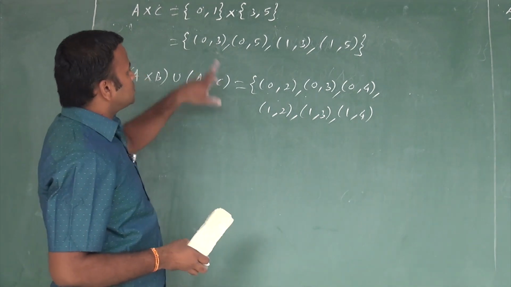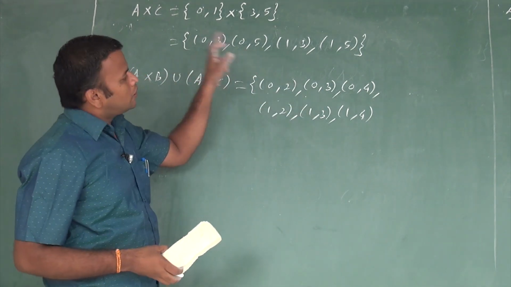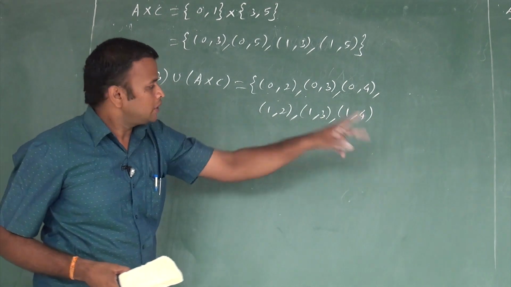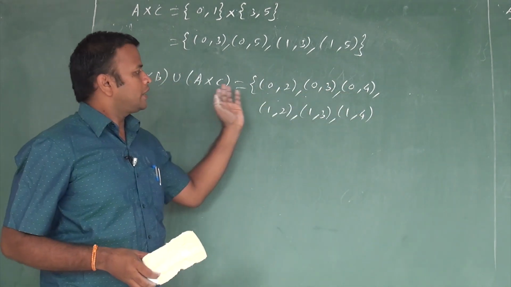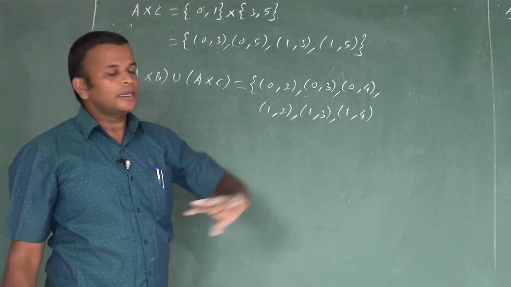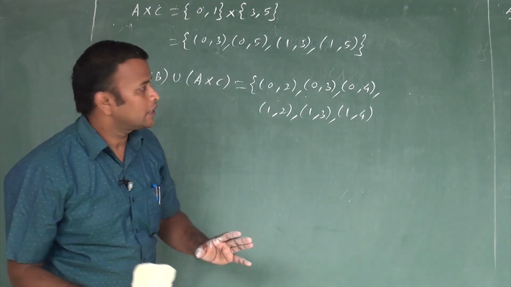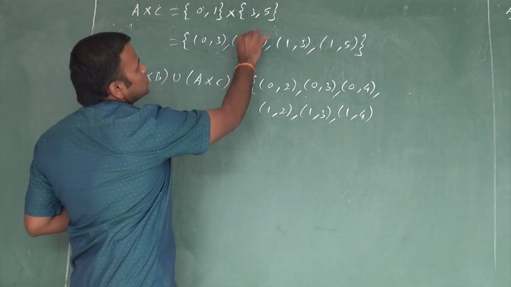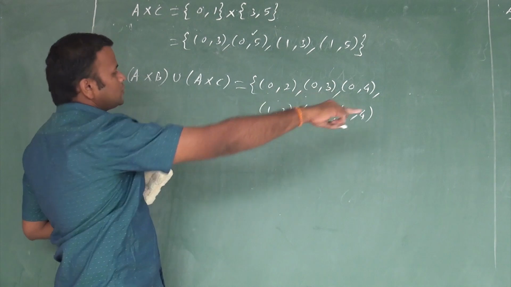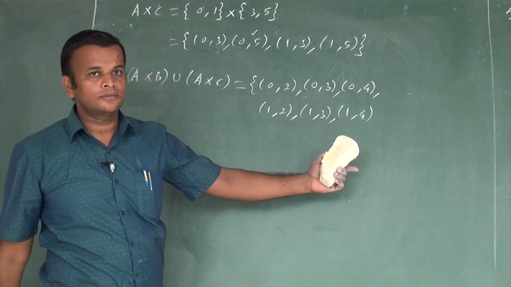We already wrote 0 comma 3. 0 comma 4 lies in A cross B, and 0 comma 5 lies in A cross C. What are the missing elements in A cross C? You see 0 comma 5 is not written in this union, so now I include it.